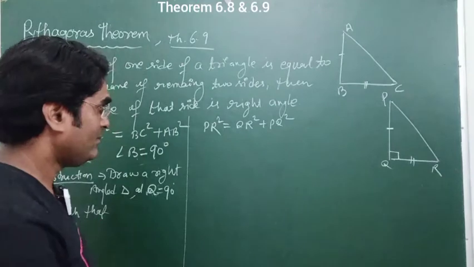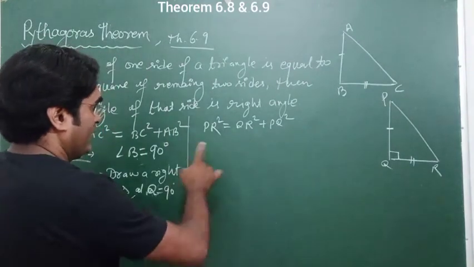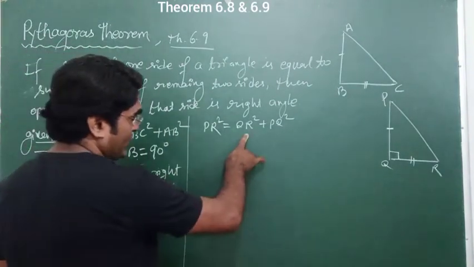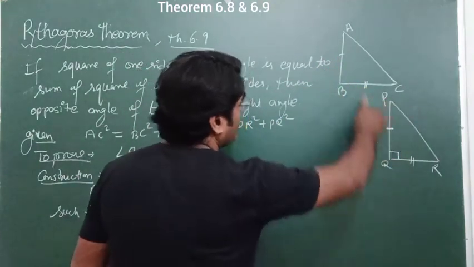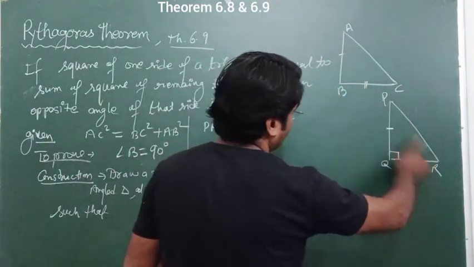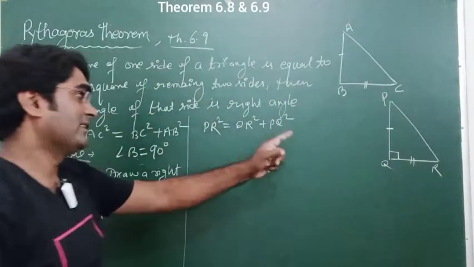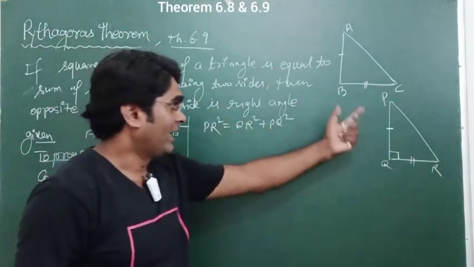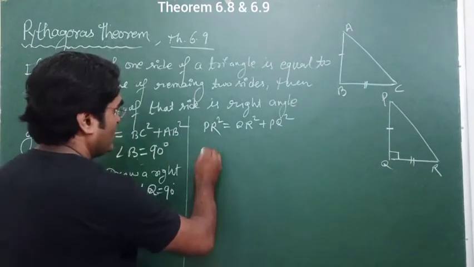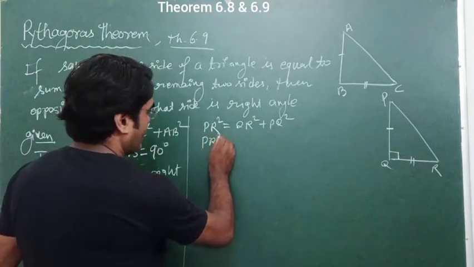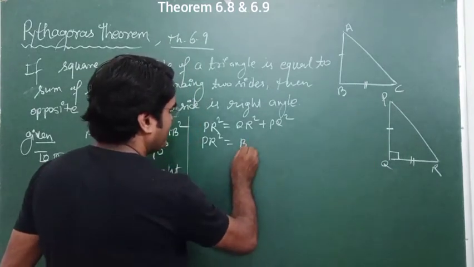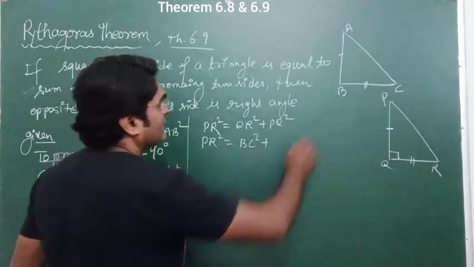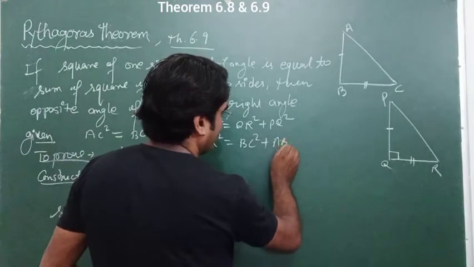Got it? And according to your construction, PQ is equal to AB and QR is equal to BC. So you can replace PQ by AB and QR by BC. So PR square is equal to BC square plus AB square. Any doubt?